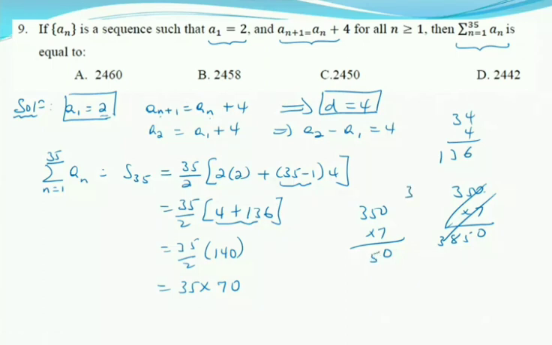We have 3. 7 times 3 is 21. With 3, 24. So this product is 2450. Okay, so the answer for this problem is C.